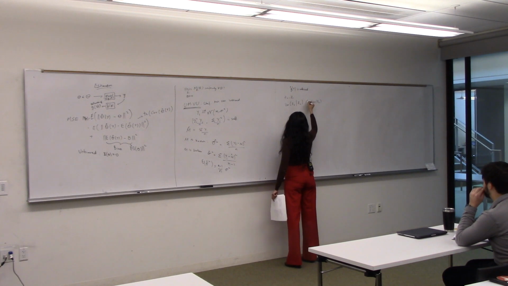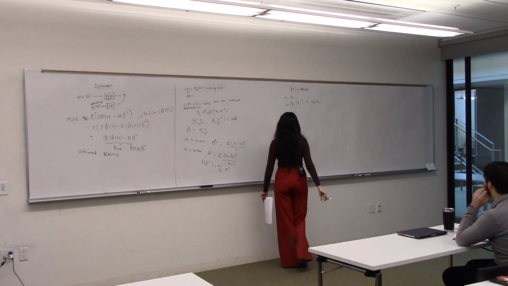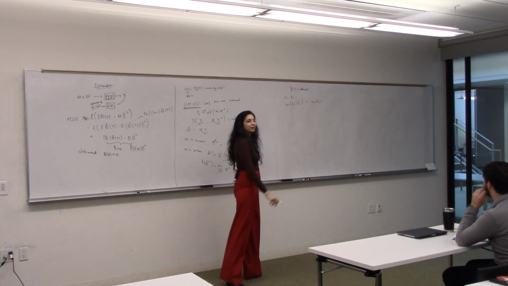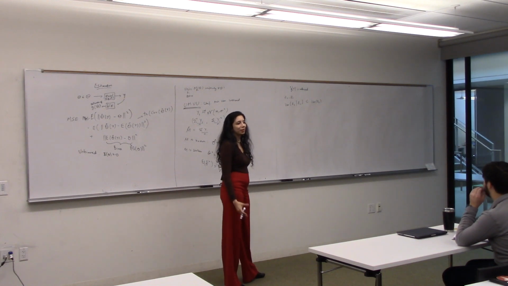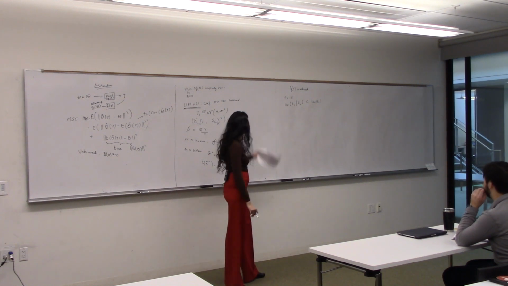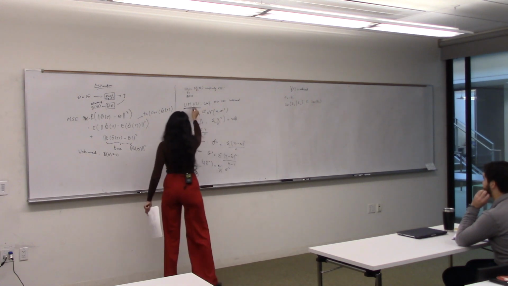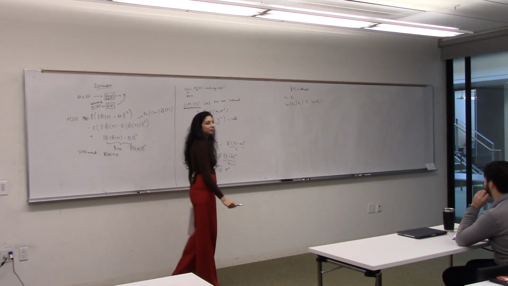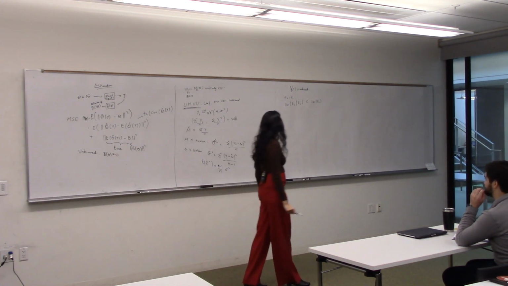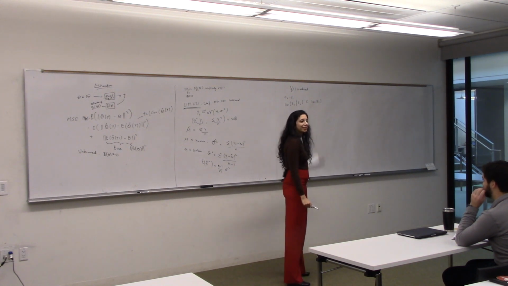So how can I use this principle to lower my variance? Because I want to lower my variance. That's the goal of UMVU. I want the minimum variance. So what can I do? I have an estimator.